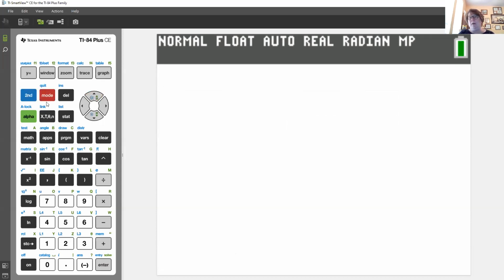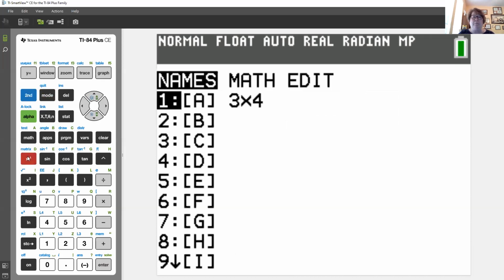All right, so now I'm back on my home screen. Now I'm going to go back in the matrix menu, and I'm going to put that matrix in row echelon form. So I'm going to go second, inverse, get back to my matrix menu, and there you can see where I've inputted that matrix A. There it is.